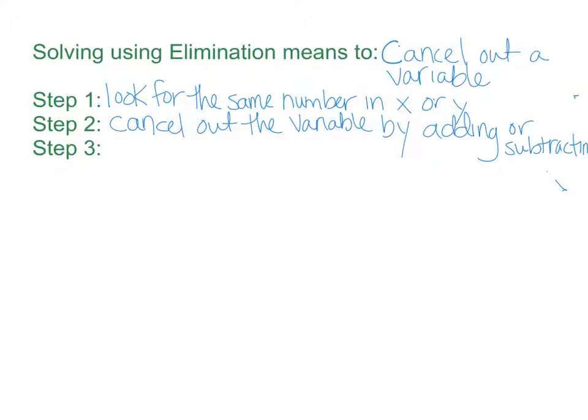And the third step is we're going to solve for the remaining variable. This is on the side of your paper because we're going to keep referring to it.